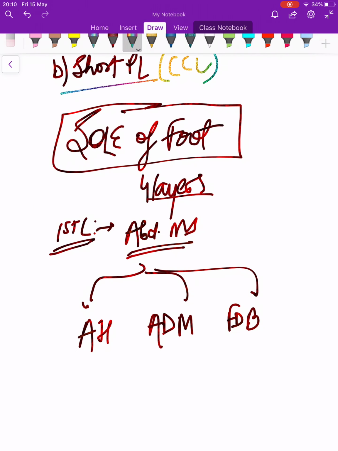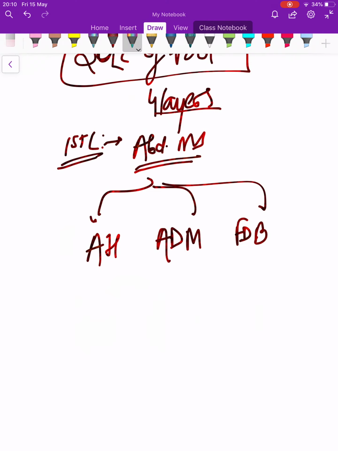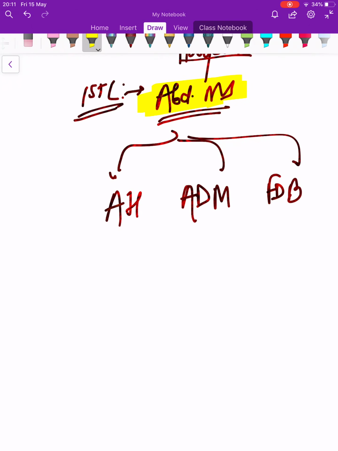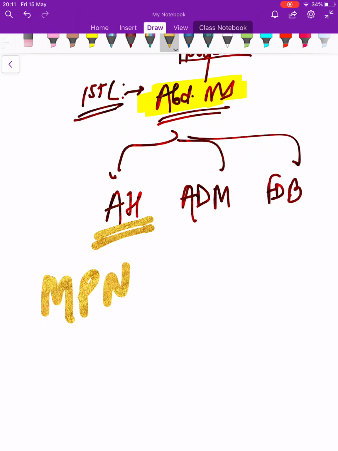Then the sole of the foot. The muscles are arranged into 4 layers. In the first layer, there are only and only abductor muscles. So abductor hallucis, its nerve supply is the medial plantar nerve.